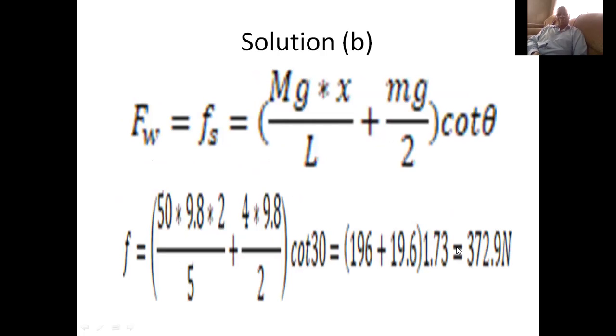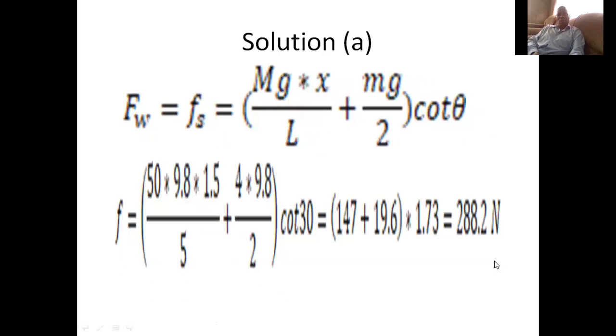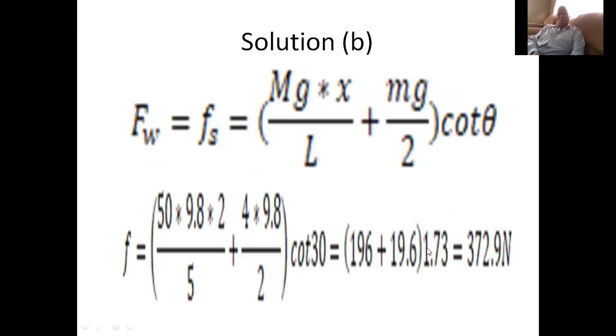And what we notice is that the friction has increased to 372.9 newtons from the previous one, which was 288.2 newtons. So what this shows is that if the object moves up the ladder, or if you are climbing a ladder, as long as you are going up the ladder, you require a higher friction force.